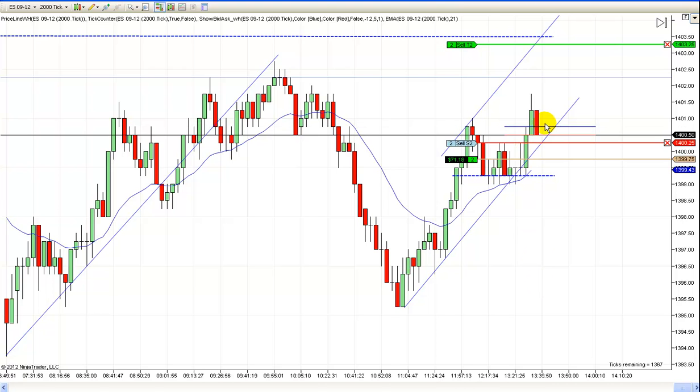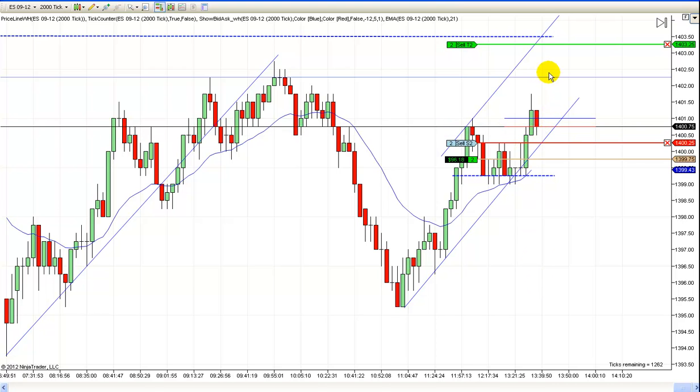Even if we come back here, it still wouldn't surprise me if we go a little higher as well. But maybe they'll protect this low and we'll work higher from there.